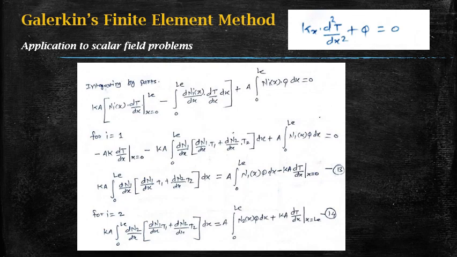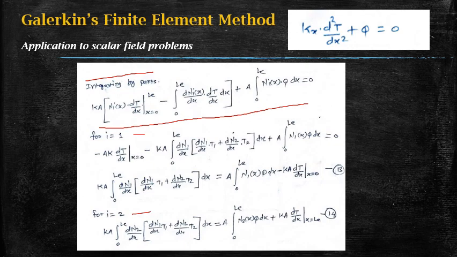By using weak form of Galerkin's method, means by using integration by parts, we can rewrite our equation like this. And as I said earlier, for any element, there are two local nodes. So corresponding to these two local nodes, I can take the value of i as 1 and I can take the value of 2.